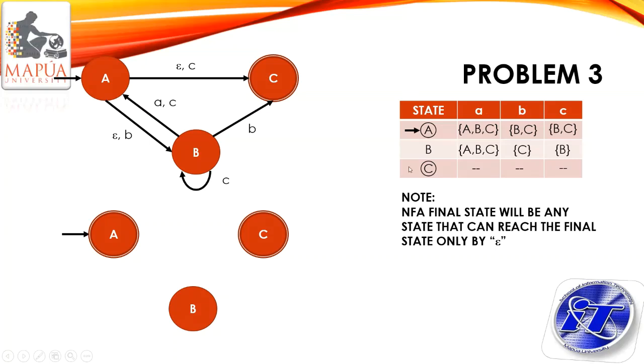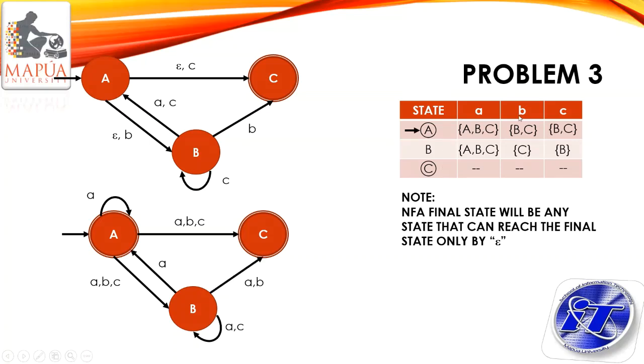Okay. In reference to this table, if it's A, it will go to BC and loop within itself. BC will go to the other states. So this will be the path. And for B, if it's A, it will go to all states.